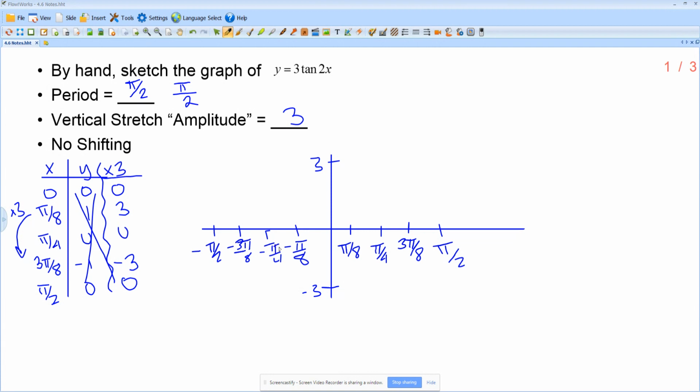And again, starting all the way on the left side, I'm starting at the top. So this goes 0, 3, undefined, -3, 0, 3, undefined, -3, 0.